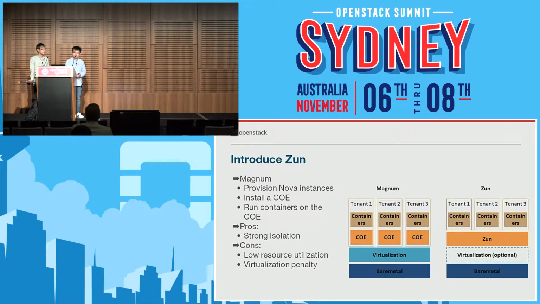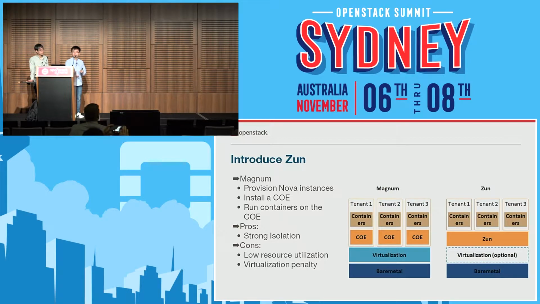And there are pros and cons of this type of approach. This is because of the resource model of Magnum. In Magnum, a COE is a resource, and it belongs to a tenant. And Magnum doesn't allow a COE to be shared between users or across tenants.